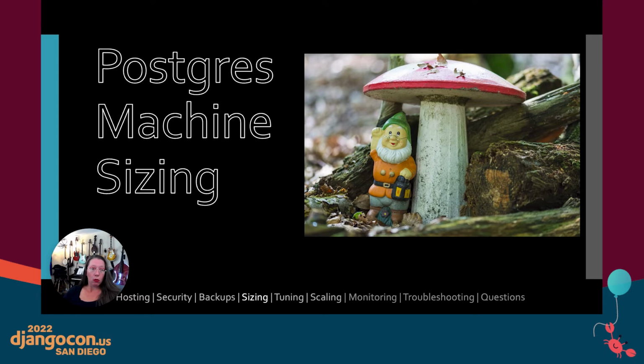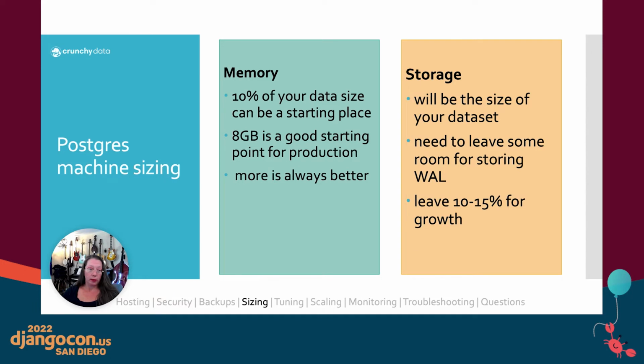All right, so once you've moved on from backups, the next thing you should probably do as a DBA in a pinch is just double check your machine sizing, right? Making sure that Postgres has all the room it needs to do the jobs that it's doing. These are some quick notes that I have on machine sizing.